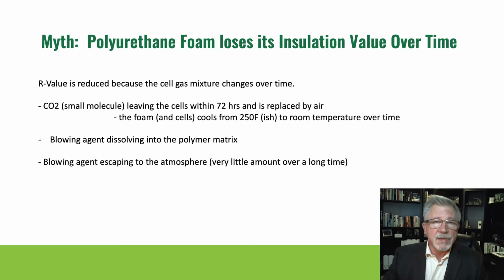Now, Mother Nature doesn't like things like that. She wants to have things in balance all the time. In order to balance that negative pressure, that vacuum that's in that cell, she adds, primarily nitrogen, air from the environment, and that gets into the cell gas rather quickly. If we recall that curve, we can see that in a matter of days, there's a big impact, a big change in the R value.